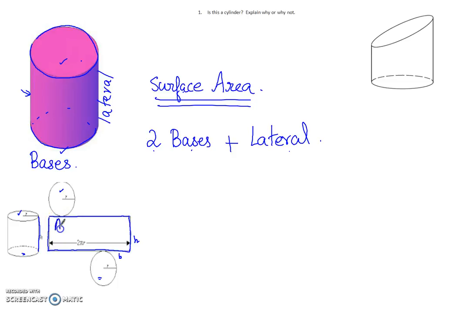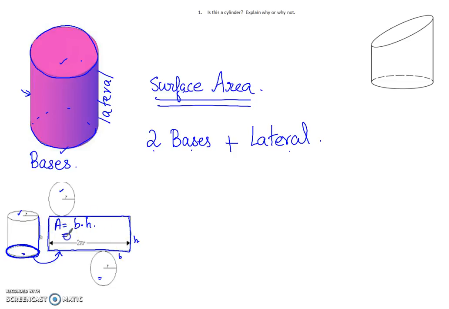The area of any rectangle is base times height. But the base of this rectangle is what the circle opened up to, so it is the distance around the circle, the perimeter of the circle.